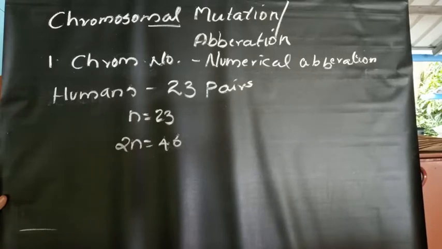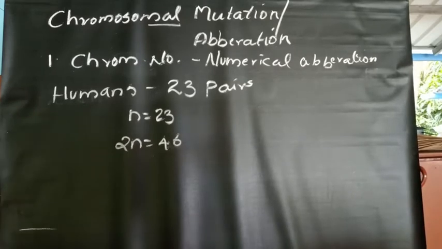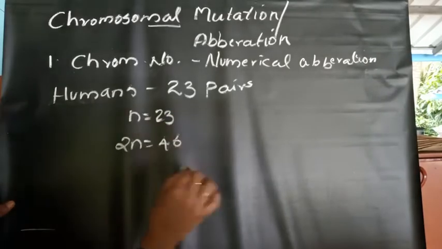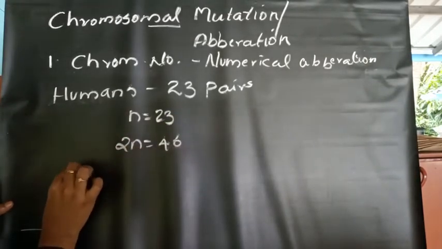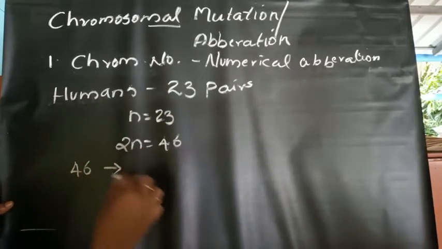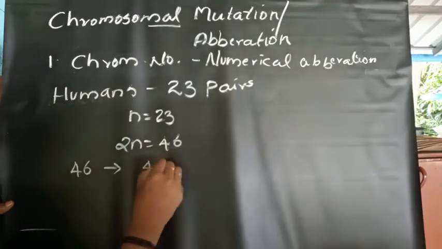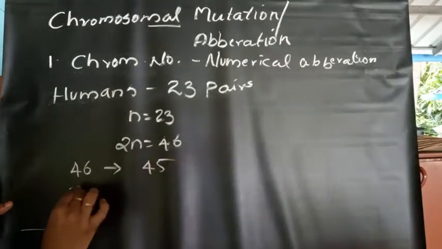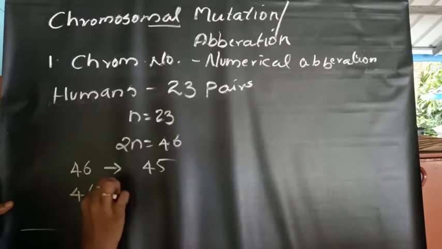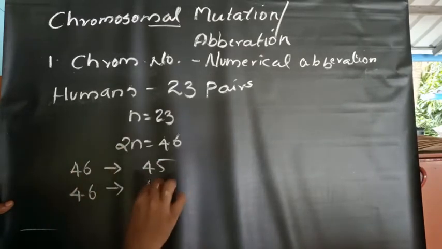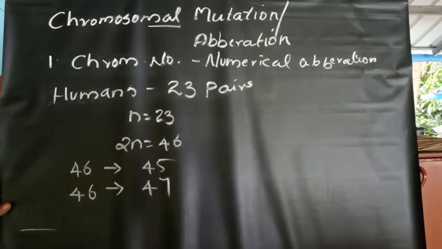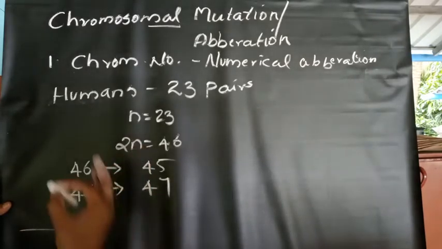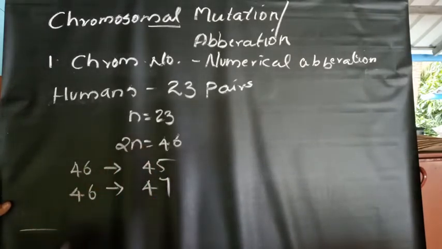Sometimes the chromosome number of somatic cells is changed due to addition or elimination of an individual chromosome or a basic set of chromosomes. For example, normally 46 chromosomes are there; due to the deletion of one chromosome, 45 chromosomes will be there. Or due to the addition of an individual chromosome, 47 chromosomes are there.